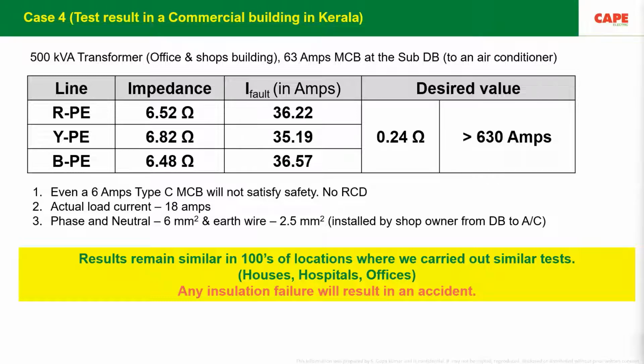Then we got in touch with the designer of that building. Interestingly, he told us that this cannot happen in his building because he designed it based on IS 3043. When we asked if he had heard of fault loop impedance, he said yes, he did it as per IS 3043, but he never heard the name fault loop impedance.